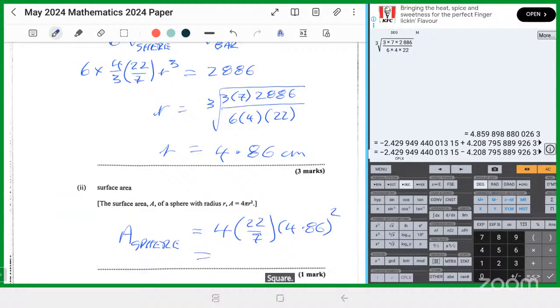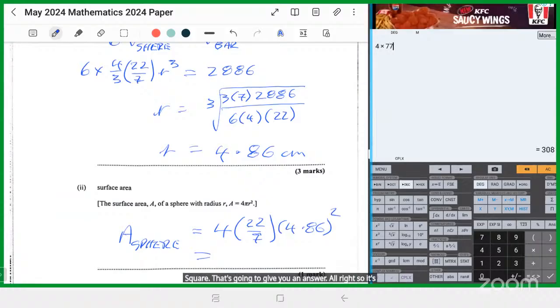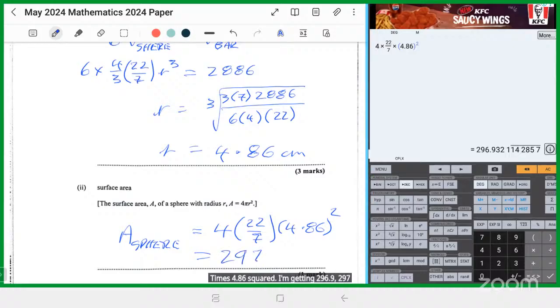That's going to give you your answer. I'm getting 296.9, call it 297. 297, that's area, centimeters squared. 1 mark for that.